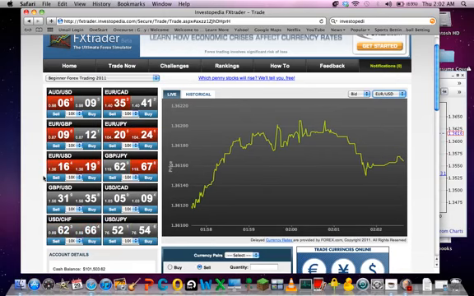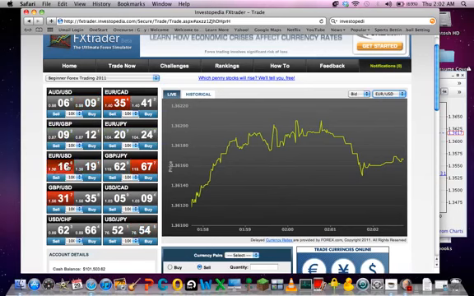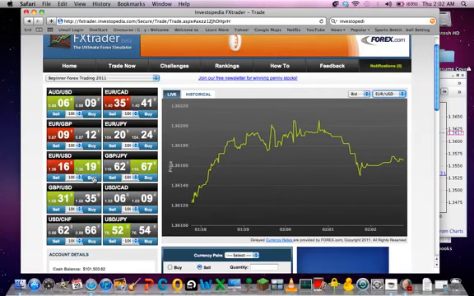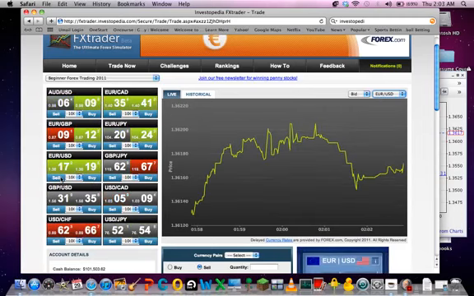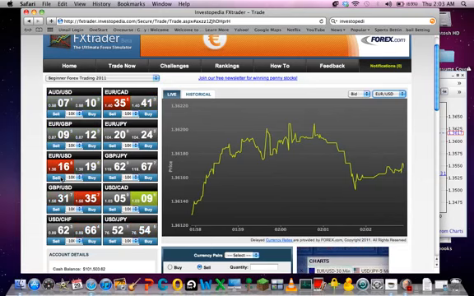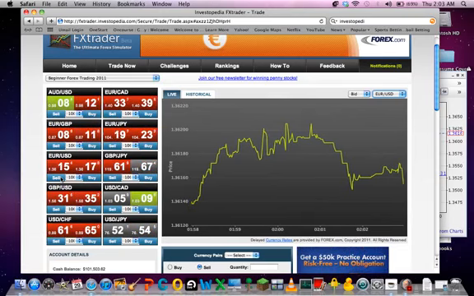Instead of charging commission, they just charge what's called the spread, which is this difference here, and that's really how they make their money on every trade. So let's say if I bought right now for 19 and I sold the same second for 16, I would be down 3 pips. That 3 pips right there is the automatic commission basically that the platform is taking.